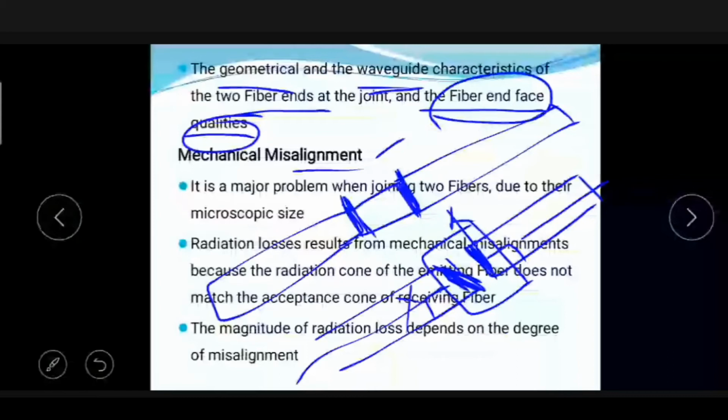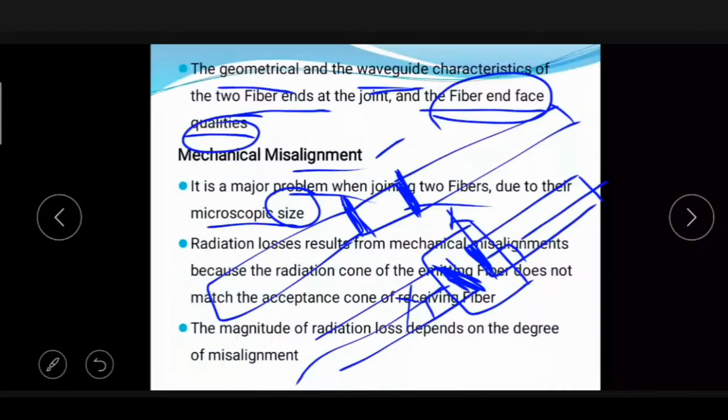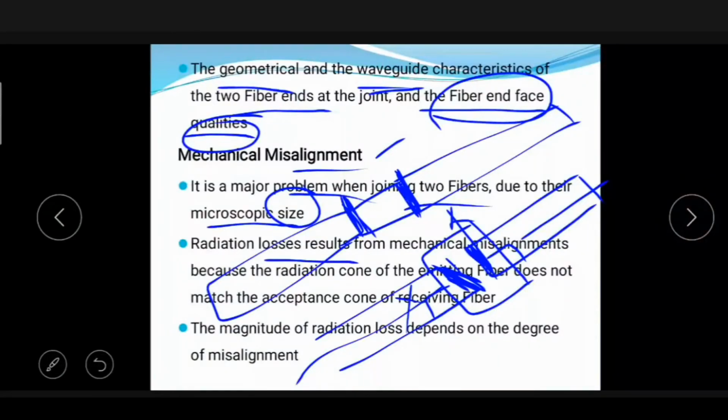So what exactly is that mechanical misalignment? It is a major problem when joining two fibers due to their microscopic size. We have discussed this earlier. The main problem with the optical fiber joining process is its size, because it is very small, a microscopic size. Radiation losses result from the mechanical misalignment.